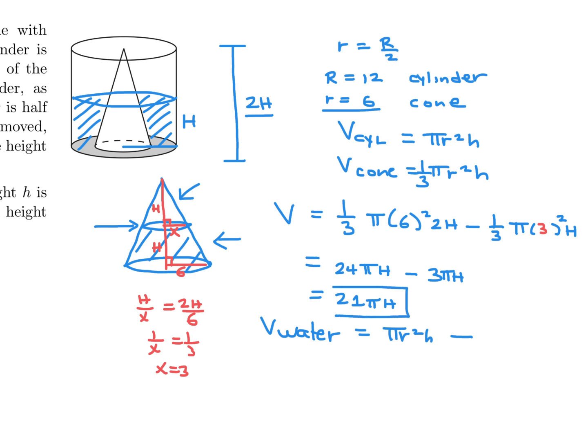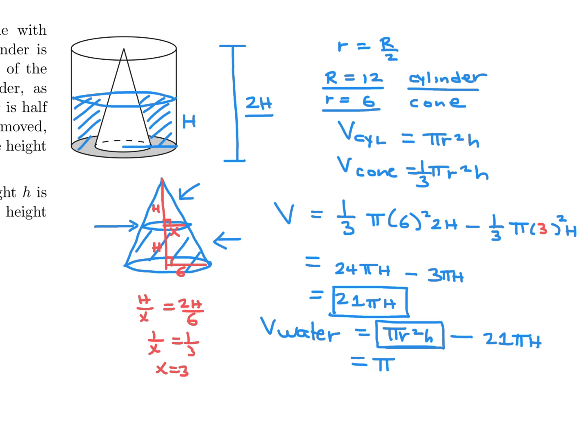And that cone segment that's submerged, we just figured out was 21 pi h. Got it? So that the cone's volume will be calculated with its radius, which I believe was, sorry, what am I saying? The cylinder. This is referring to the cylinder. Sorry about that. This is the cylinder.